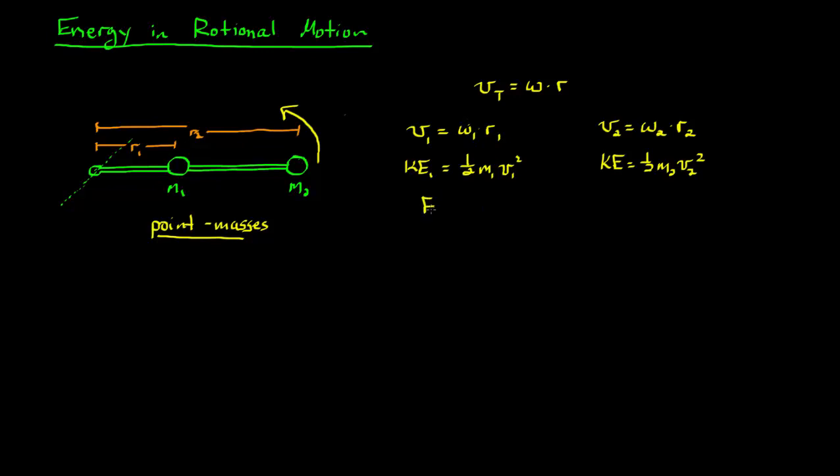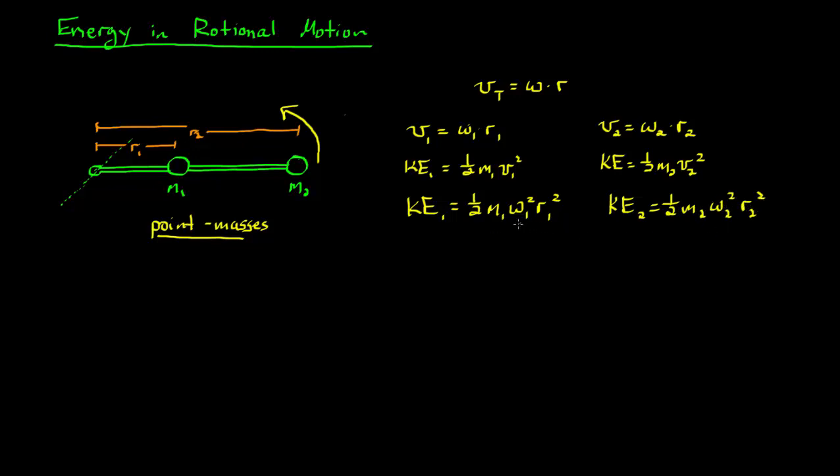And what we'll get is that the kinetic energy of each object is going to be 1/2 m1 omega 1 squared r1 squared. And we get the same over here: 1/2 m2 omega 2 squared r2 squared.